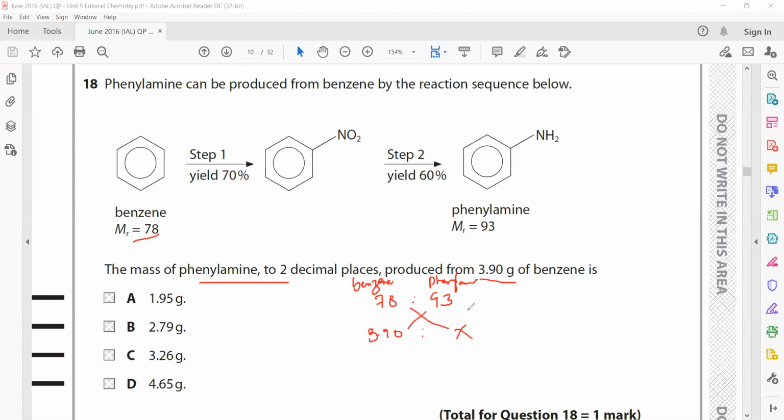So 3.9 multiplied by 93, divided by 78, so this will make 4.65.